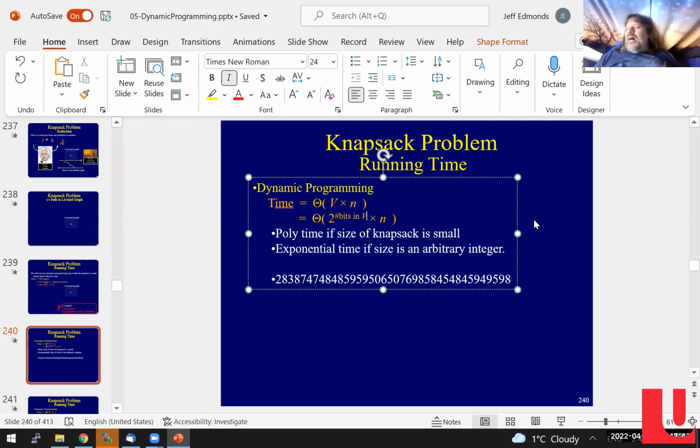I have to decide for each object whether to put it in the knapsack or not. So I'm going to try putting it in the knapsack and recurse, and then I'm going to backtrack, and I'm going to try not putting it in the knapsack and backtracking, right? So that's another aspect of dynamic programming, is that you're trying different things, right?